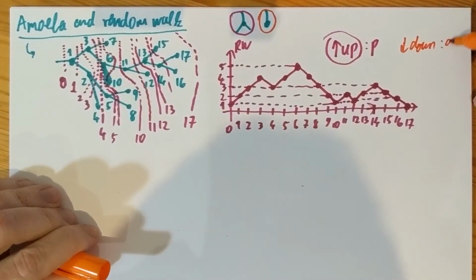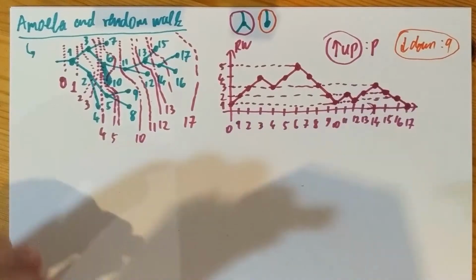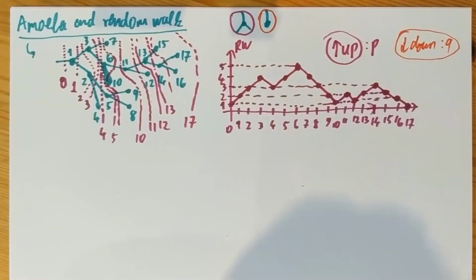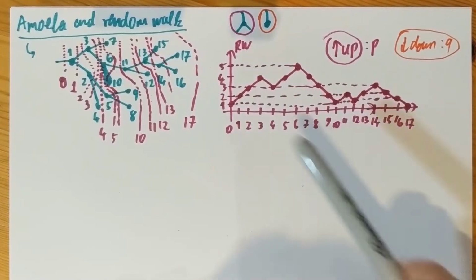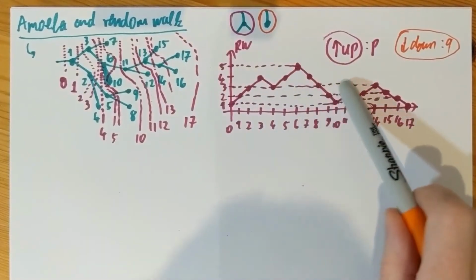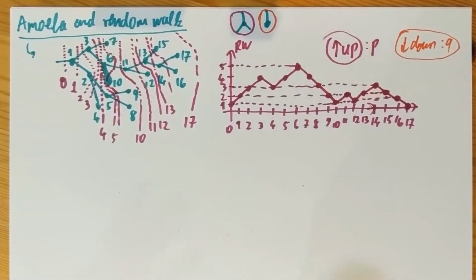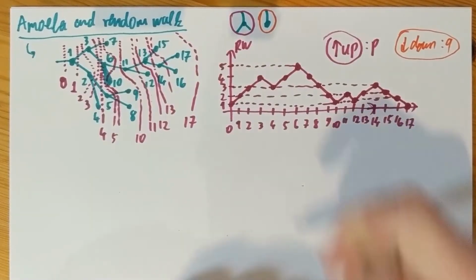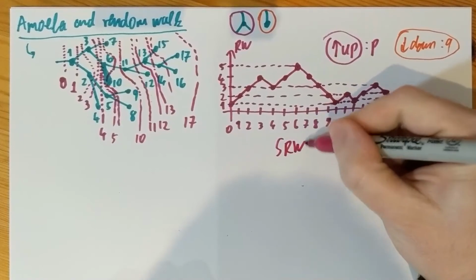That happens with probability q. Okay, and these are independent for the amoebas because the amoebas do this independently. And what we see here is that we have an up and down process. We have an independent up and down process, which is exactly a simple random walk. So what we see here is exactly a simple random walk.